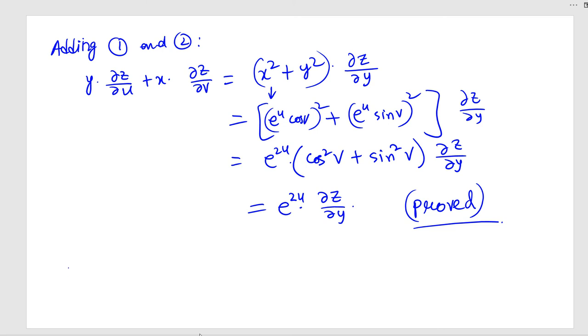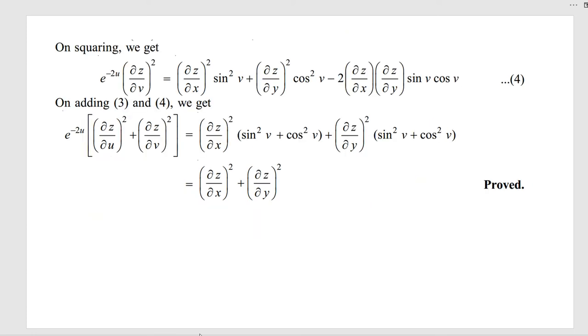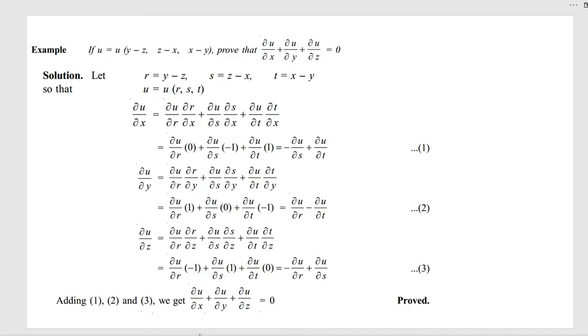Now you can solve equation 2 as usual. Just try to find out. So go through it, verify these results, and we are supposed to get this relation satisfied. Now, if you see more examples, for example, we have r, s, and t.